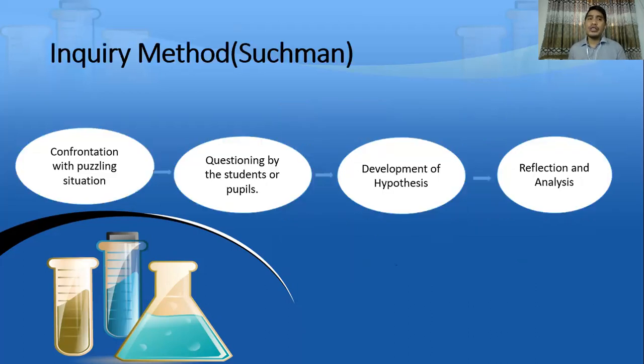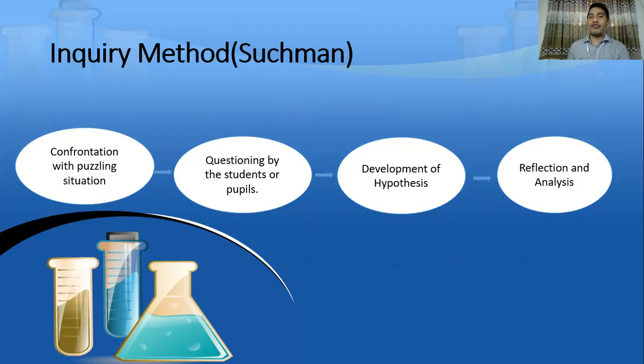So how do we do the inquiry method? The first one is we confront the students with a puzzling situation, and then from there we encourage curiosity in our class, and we ask the students to formulate questions.